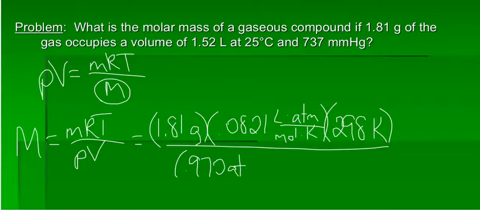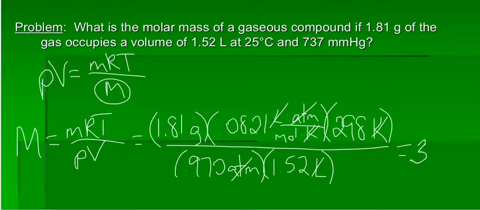So 0.97 atmospheres. And then V, volume, is in liters, which is good, 1.52 liters. Now make sure these units will cancel out for you. If we're looking for molar mass, we should have grams per mole, and we do. So that means our equation is rearranged correctly, and we can solve it. So my molar mass of this compound is 30, and then the units, grams per mole.